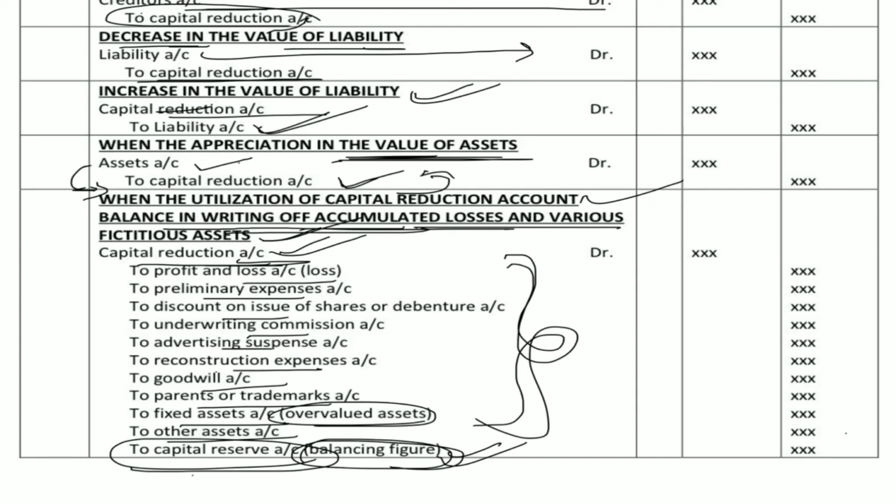Now P&L account debit balance, trademarks, copyrights, goodwill, reserves have to be written off, whether they mention it in the question or not. I repeat, whether they mention in the question or not, you have to write off P&L account debit balance, trademarks, copyrights, goodwill if there is any, reserve have to be written off completely.